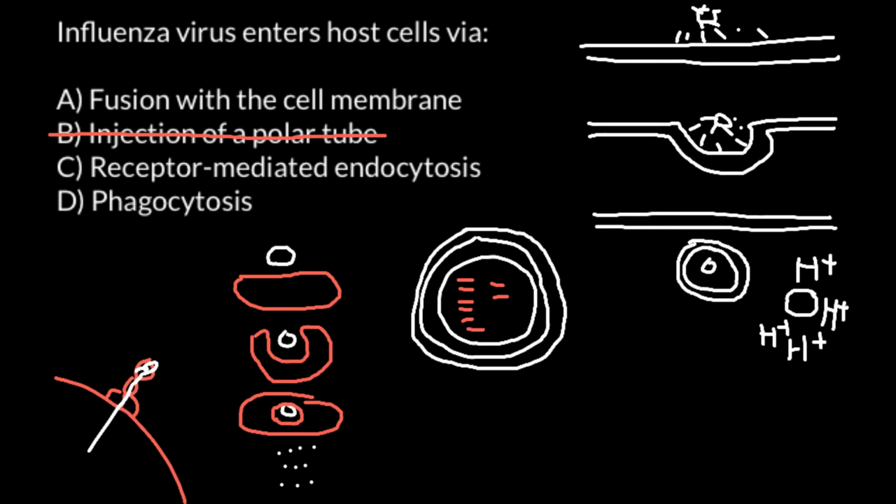And also on the surface we can find two types of surface proteins. One we call neuraminidase, or NA. Sometimes you can see the N abbreviation, sometimes NA. And another protein would be hemagglutinin, or H or HA. And actually these also would be antigens.